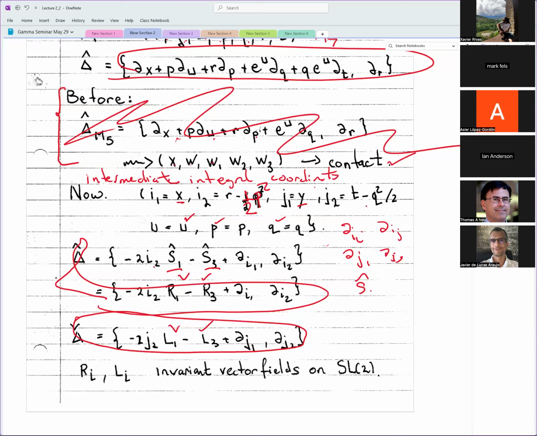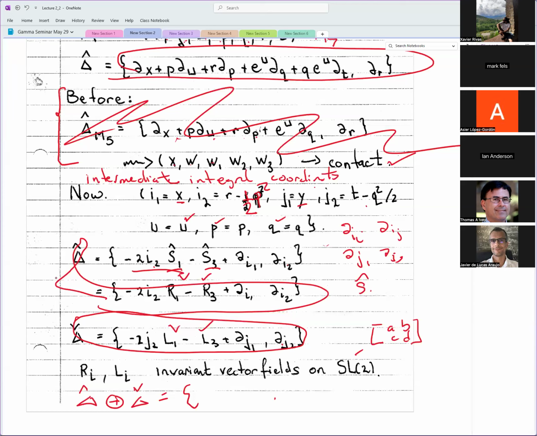And so if I want to think about my differential equation, I can think of it as this rank 4 distribution given by this vector field, this vector field, this vector field, and this vector field. And now you say, okay, well, this is a bunch of 2x2 matrices, A, B, C, D, with determinant equal to 1. Pick some coordinates on SL2.